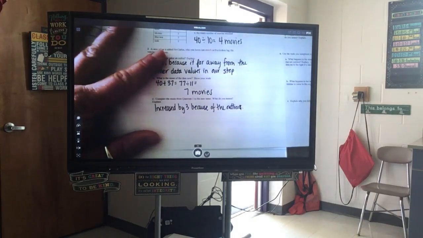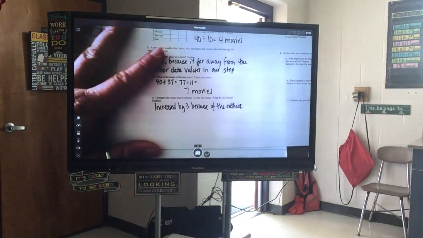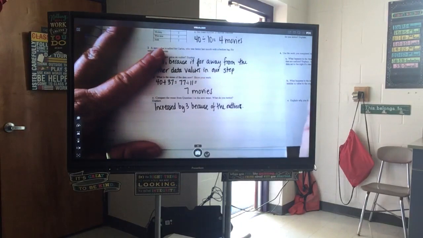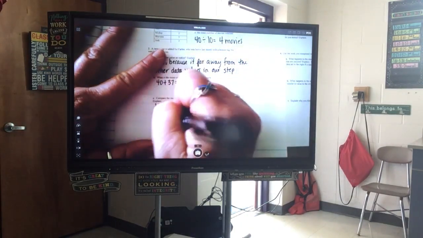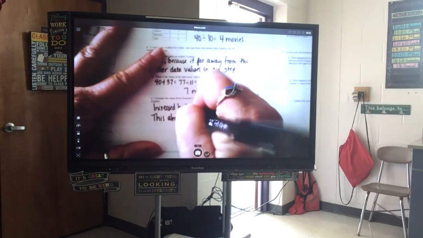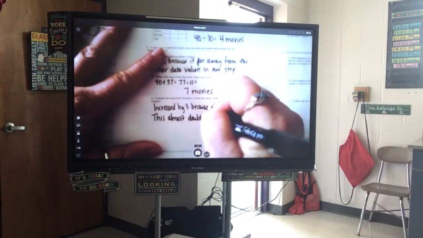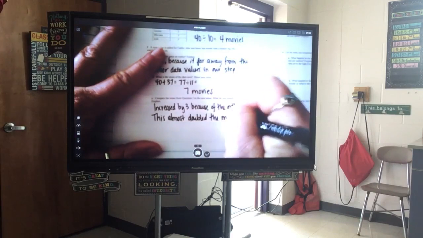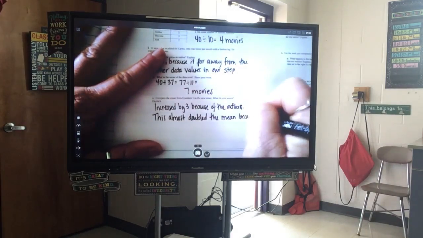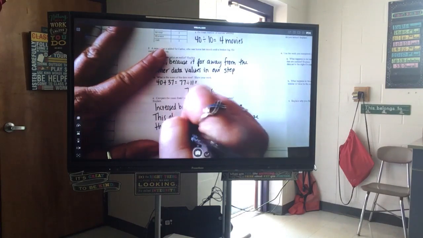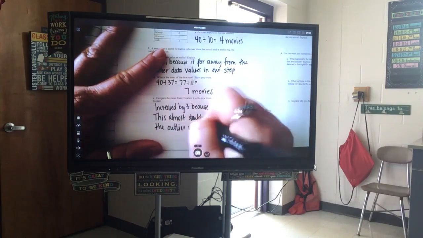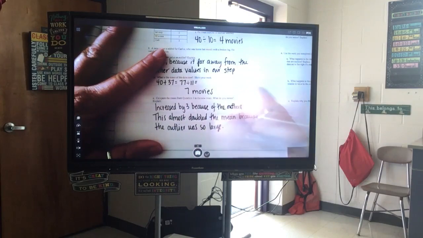Cooper. I noticed that he watched 57, but the original from all 10 was 40. That nearly doubled in size, like 40 plus 40. And then the mean nearly doubled too. All right, perfect.